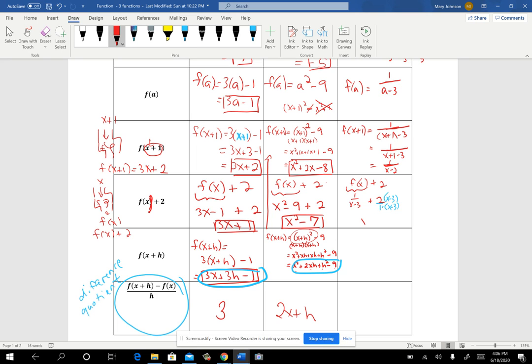Okay, so now I've got my denominator to be x minus 3. You see it? And so what I have is the 1 from here plus 2 times x minus 3. And if you don't mind, let's go ahead and distribute that. So 1 plus 2x minus 6. All of that over x minus 3. Okay.